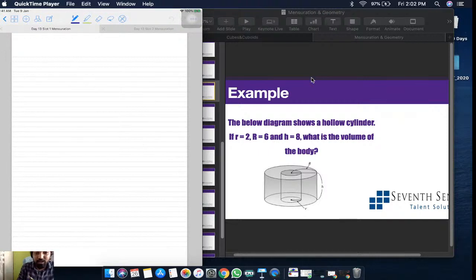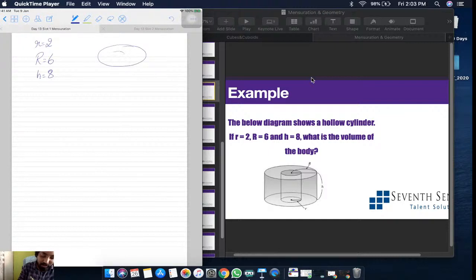Below diagram shows a hollow cylinder. If r is equal to 2, R is equal to 6, and h is equal to 8. So this is a cylinder.